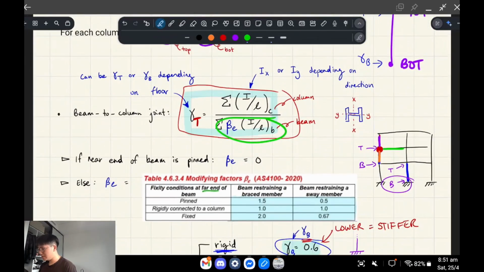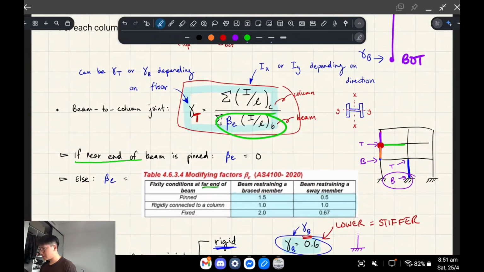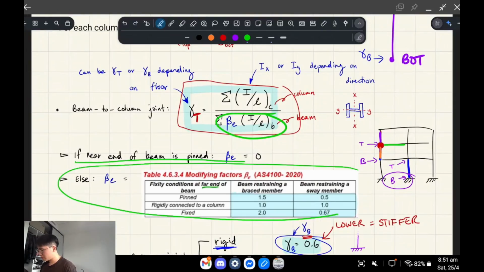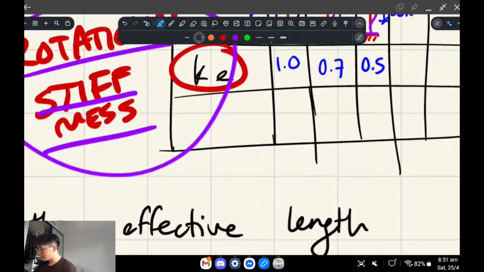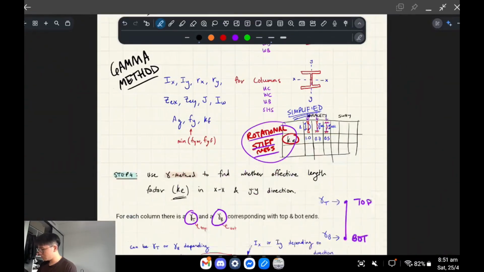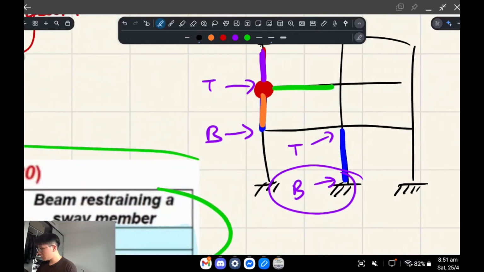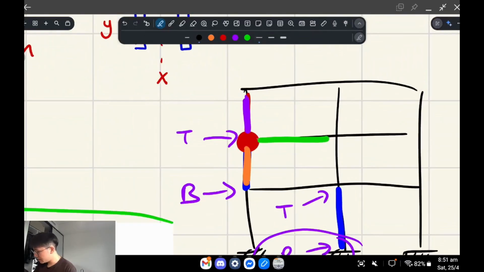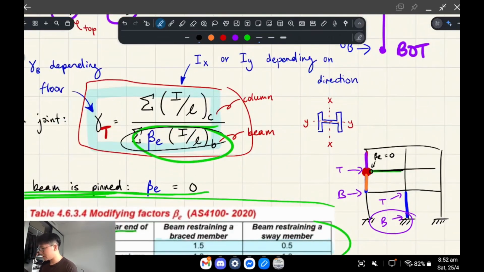Then beta E can be something from this table, or if the near end of the beam is pinned, it's overridden as 0. What I mean by that is if you have a pinned connection to that beam, beta E ends up being 0, and therefore you don't need to calculate this.